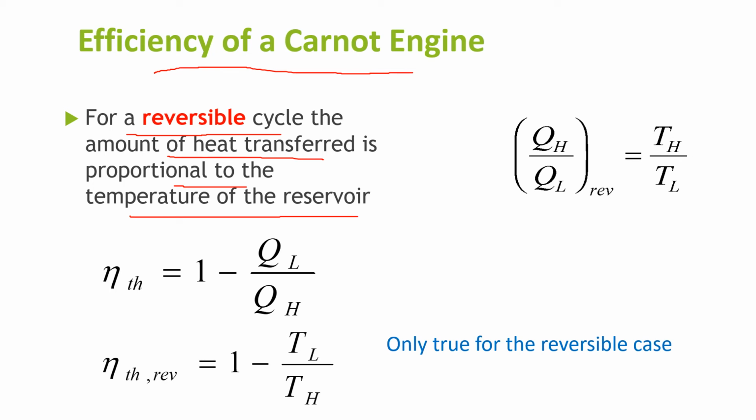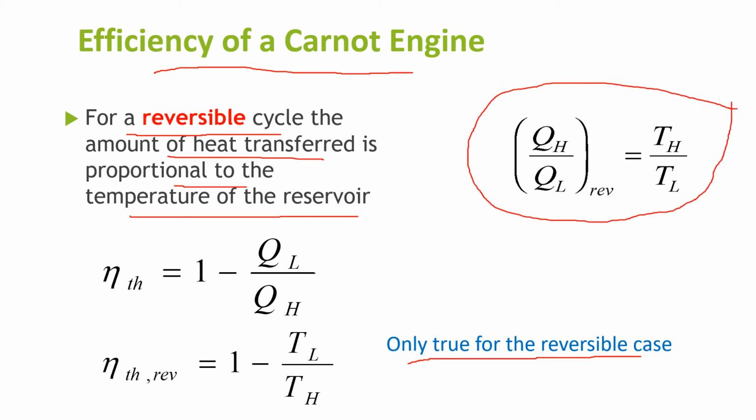So the higher the temperature difference is, the higher the efficiency is. This is only true for reversible cases. So the higher the temperature difference, the higher the efficiency is.